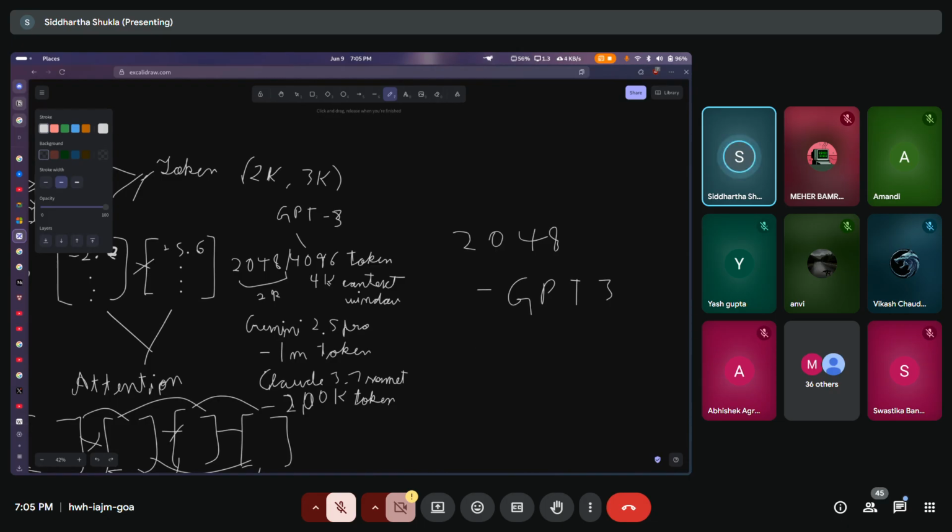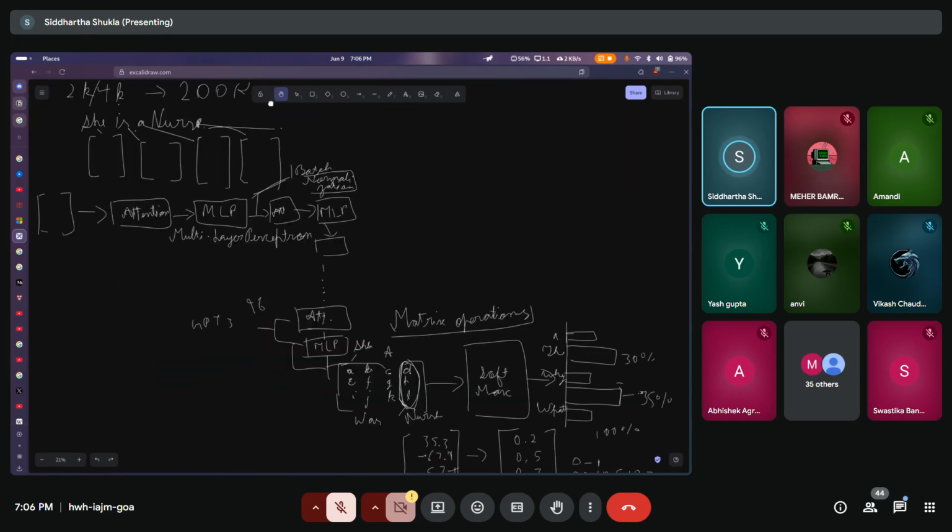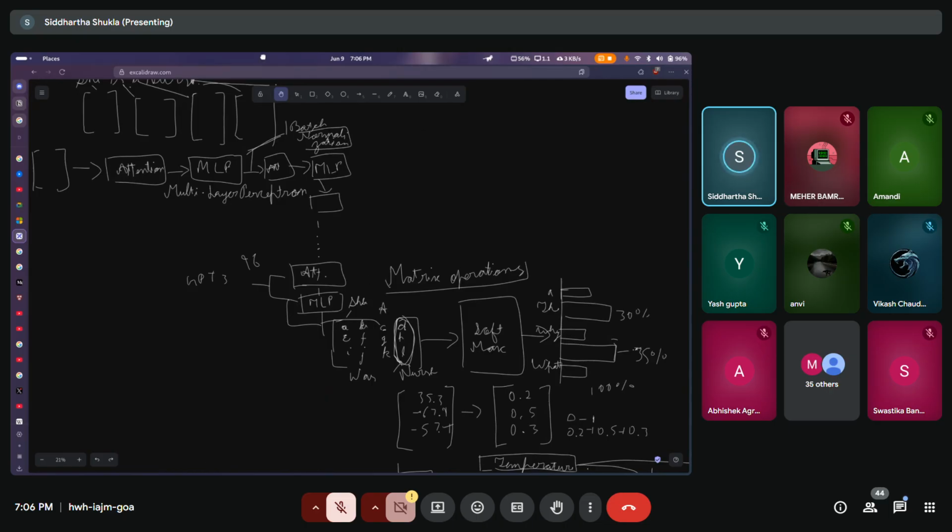Mind-boggling, 1 million tokens. In just a span of 3 years, we made a jump from 2K token size to 1 million tokens. And Claude 3.7 Sonnet has 200K tokens. Claude 4 just came a few days ago, and that has an even higher context window. I'm not sure how much it is, because Anthropic hasn't revealed the precise numbers yet. But yes, these are the token sizes.